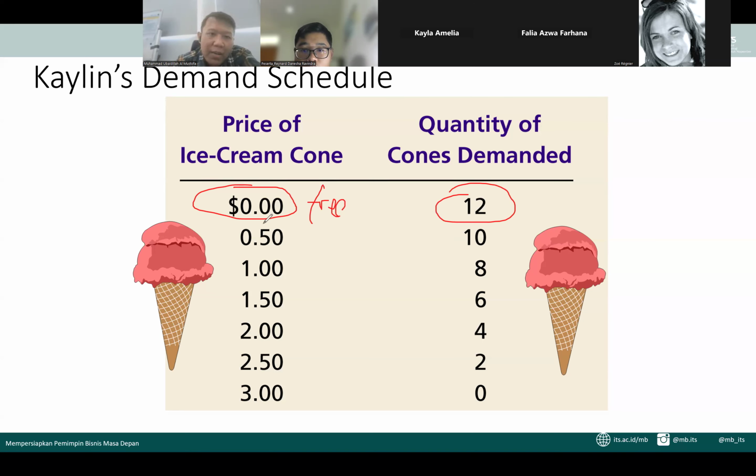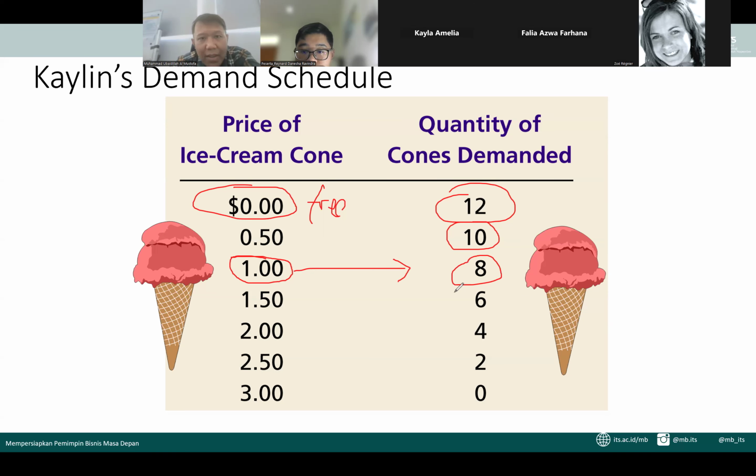When we increase the price, look what happens from 0 to 0.5 US dollar. The quantity demanded will decrease. Look what happens if the price of the ice cream is $1. She is only willing and able to buy 8 ice creams.